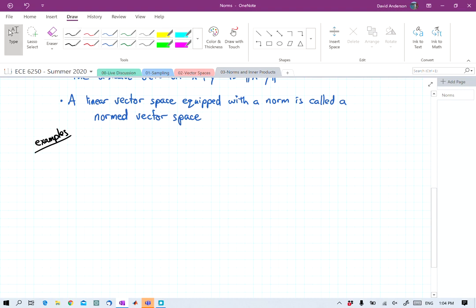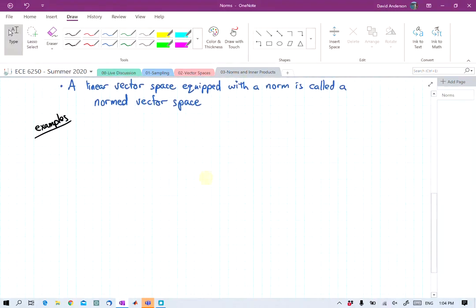So when you're talking about a norm, you always have to talk about it in the context of what space you're in. So let's do this first one. Our context is that we are in Rn, and one norm is denoted by this 2 right there, the Euclidean or L2 norm.